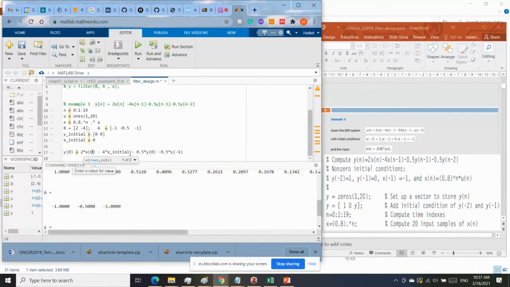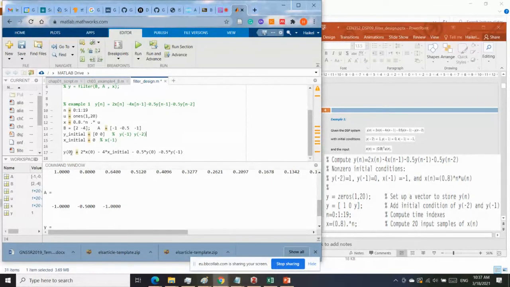So this is the initial. We're going to write x minus 1, and write a comment. This is x minus 1. And minus 1. And y minus 2.